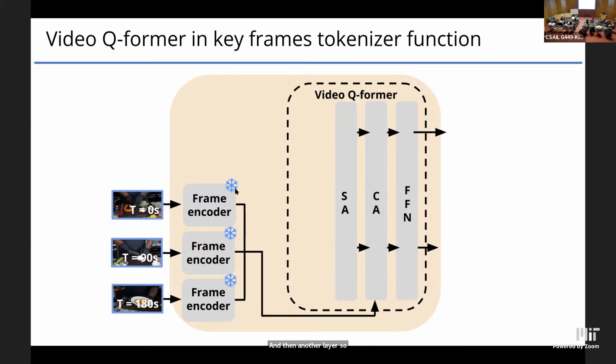It takes these encoded frame features as input. We keep the frame encoder frozen; we don't change that from pre-training. What we change is the learned video queries, and then it outputs our keyframe tokens.